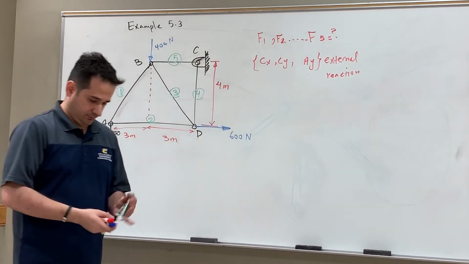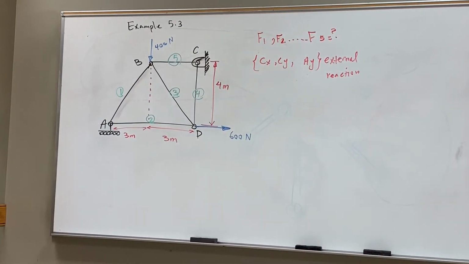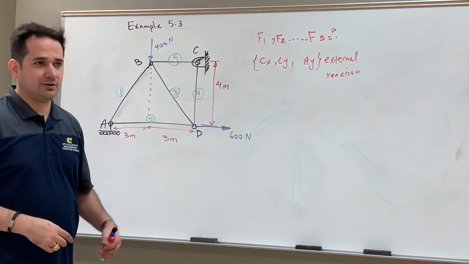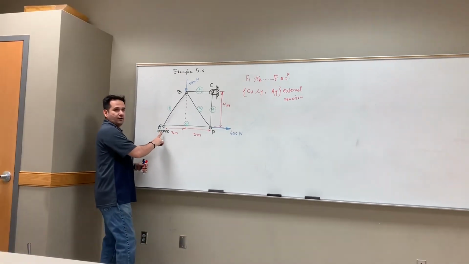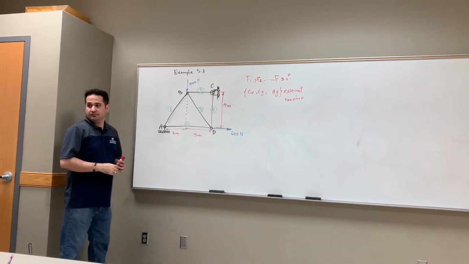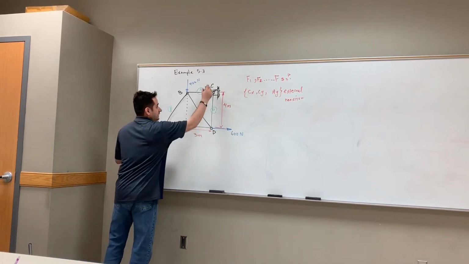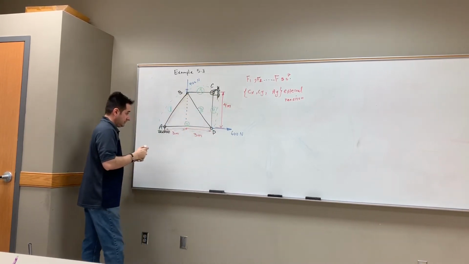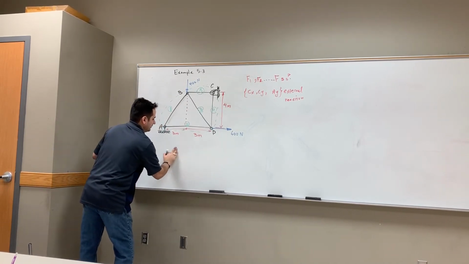So what do you do? First, before I actually go to the method of joints, which is a subclass of the 5-step algorithm where the system is the joint, let's find the external reactions: AY, CX, CY. So how do you find external reactions? Take the whole thing as my system and draw the FBD for that.